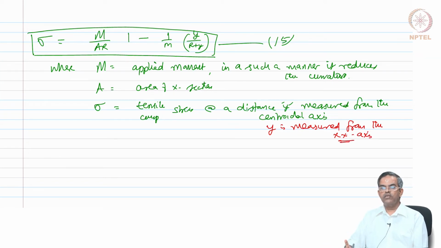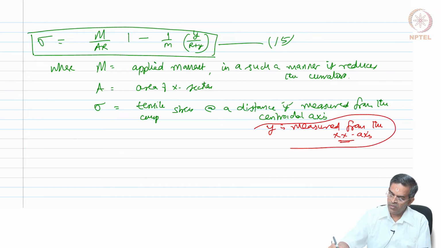That is a common confusion people will have. Generally, in classical equation of bending, for finding out stresses, the distance of extreme fiber is measured from the neutral axis, but here it is from centroidal axis. Please understand this. It is a very important deviation we have.